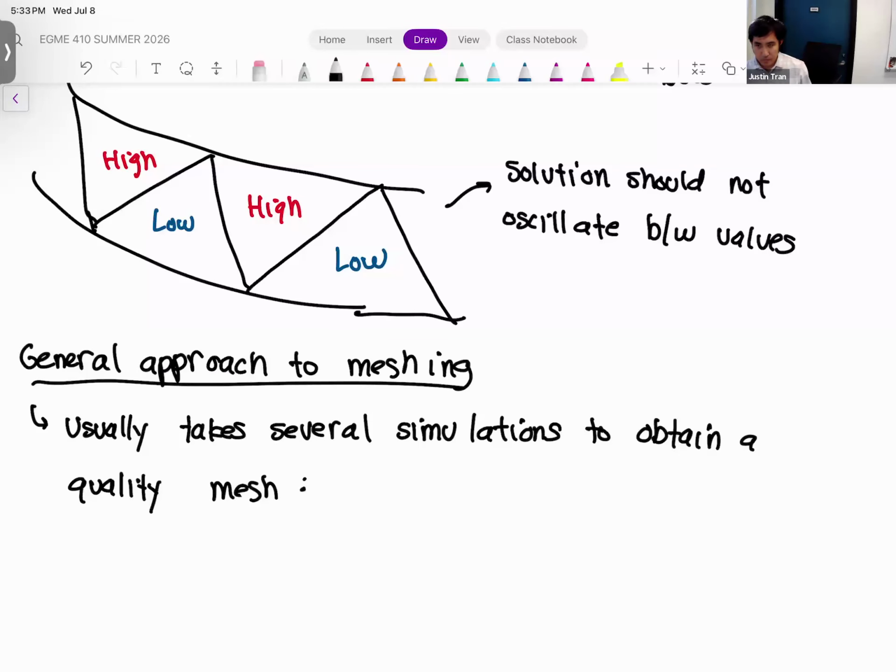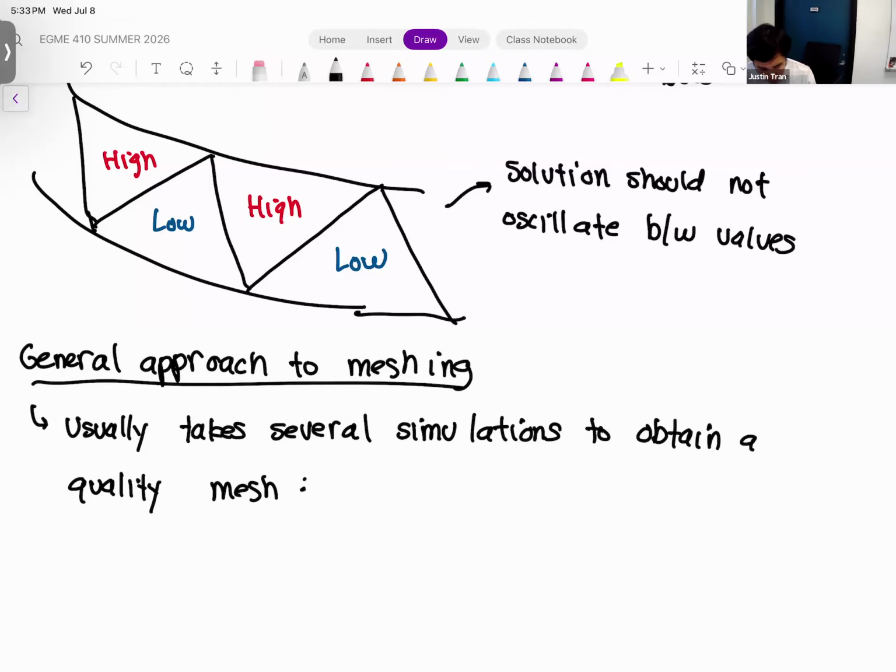Usually you tinker with it: add refinement, take away refinement, adjust element sizes, element order, and element shape until you get a satisfactory result.